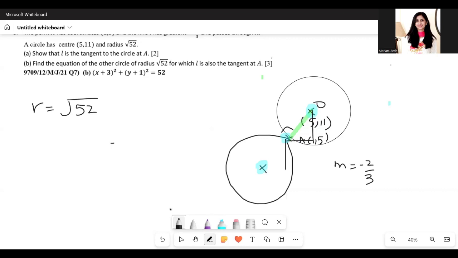It's going to be the same movement from here to here. So we have the center (5, 11), then we have the point (1, 5).